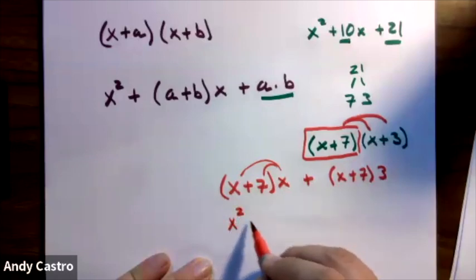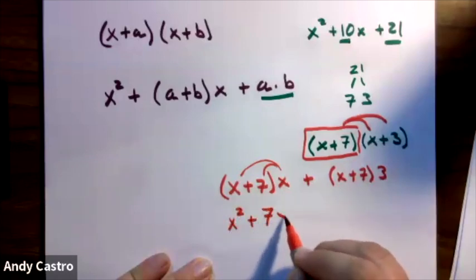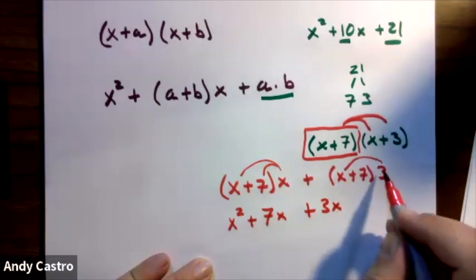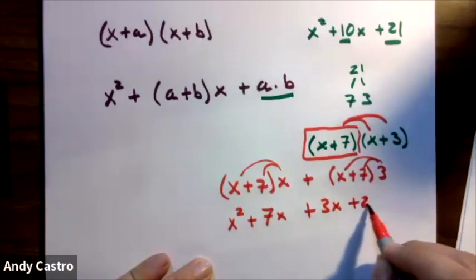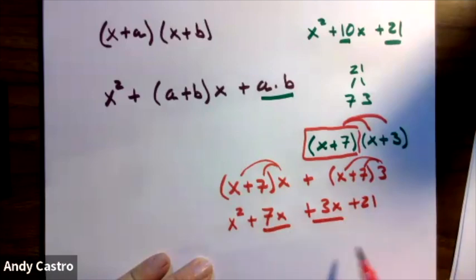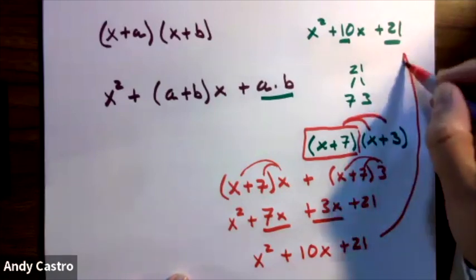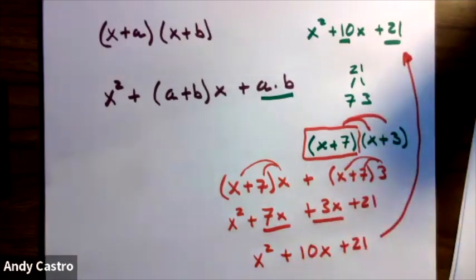This is x squared plus 7x plus 3x plus 21. Combine my two like terms, x squared plus 10x plus 21. And we're back to what we originally started. Good, so we know that this is the correct answer.